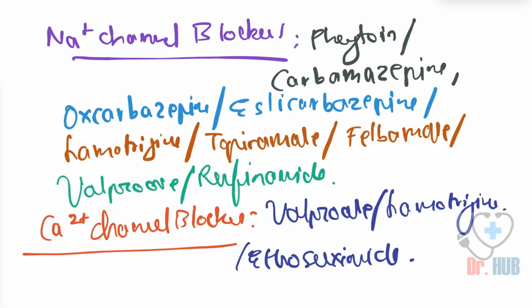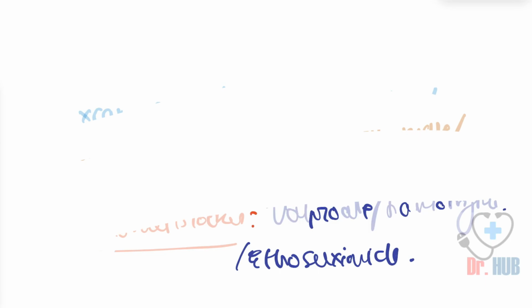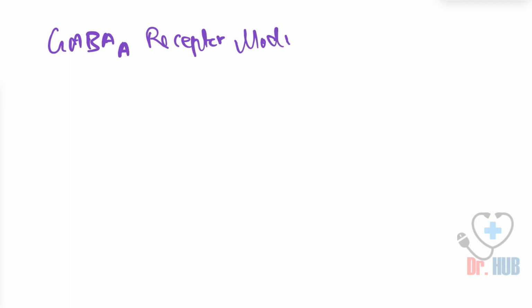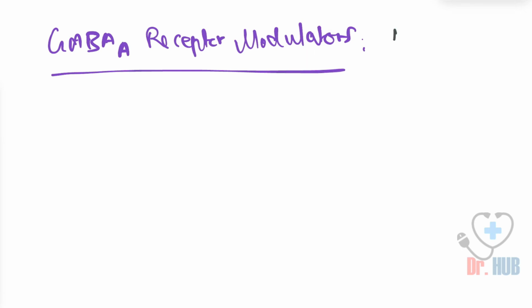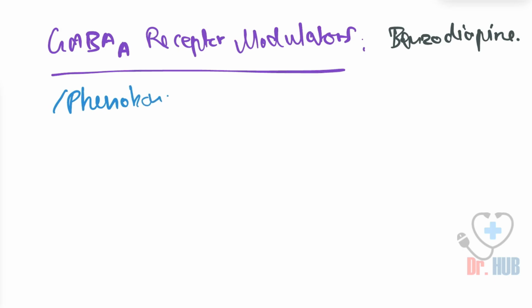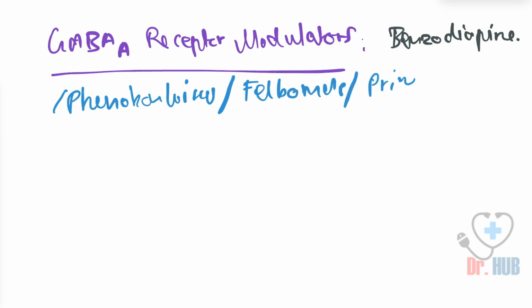Next we are looking at the GABA A receptor modulators. So under this it includes the benzodiazepine and the phenobarbital, felbamate, primidone.